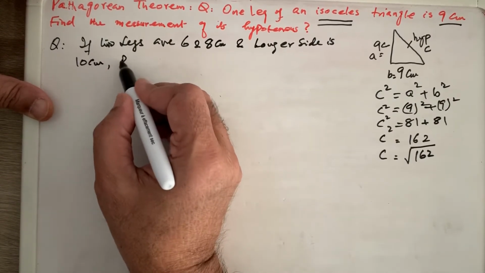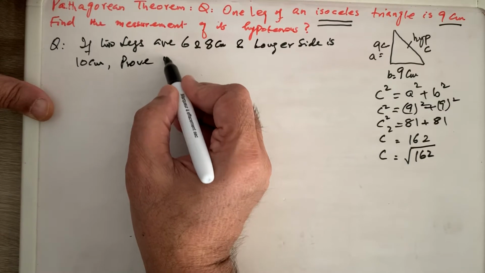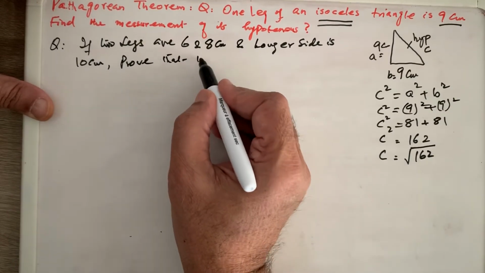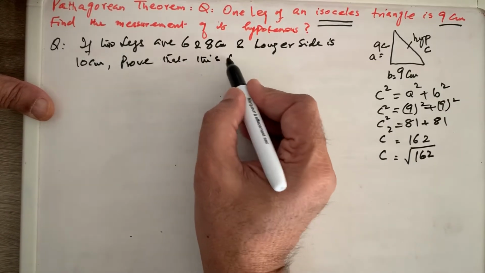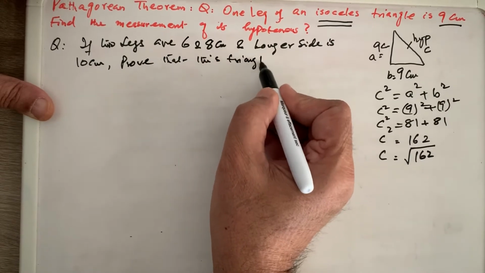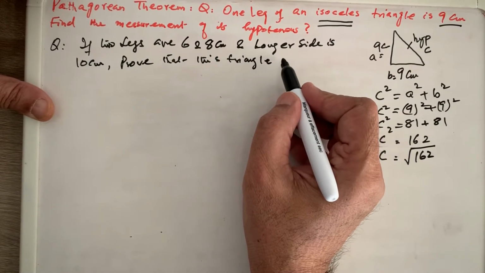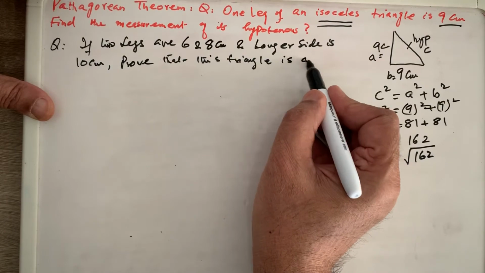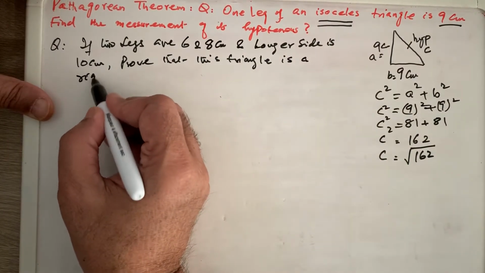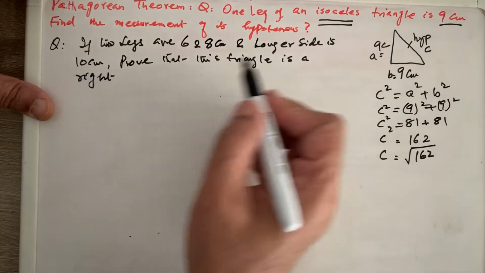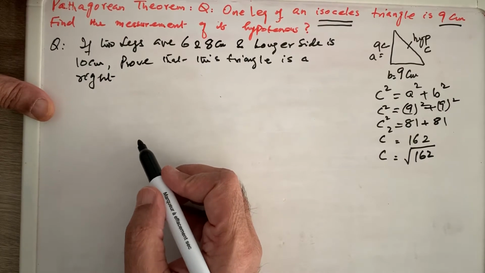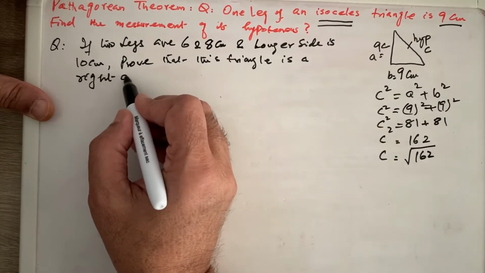What we have to prove? Prove that this triangle is a right angle triangle. So we have to prove if the 2 legs are given and the longer side is given, is it a right angle triangle.